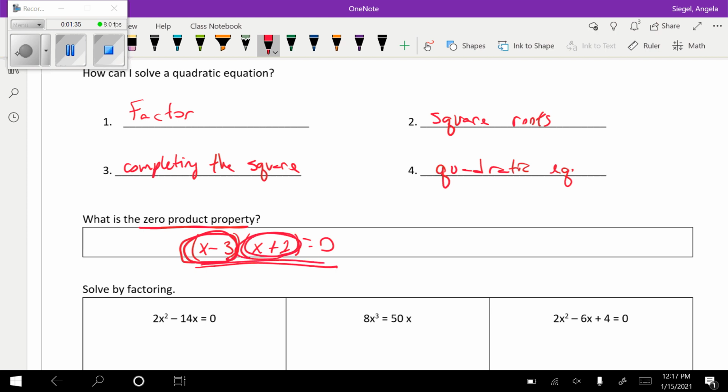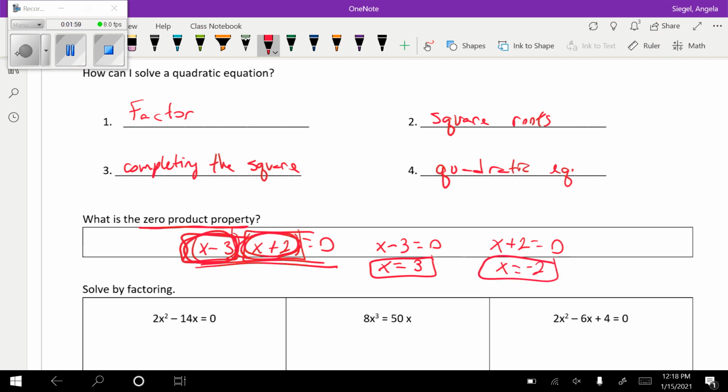So I use this property to be able to do my last step in my equation and actually solve for the quadratic. So we're going to take this piece, x minus 3, and set it equal to 0, and then x plus 2 equal to 0. So my final answer in this case would be x equals 3 and x equals negative 2.